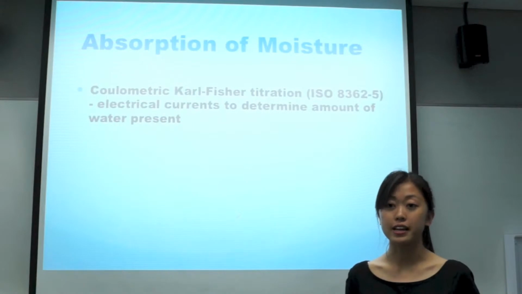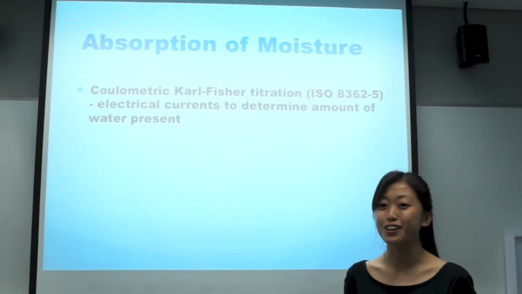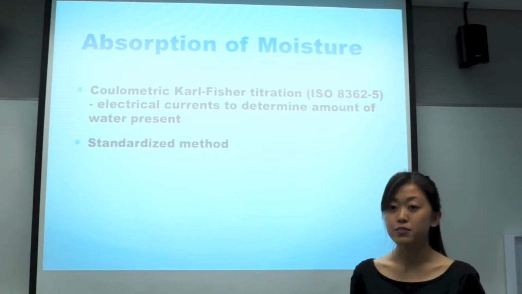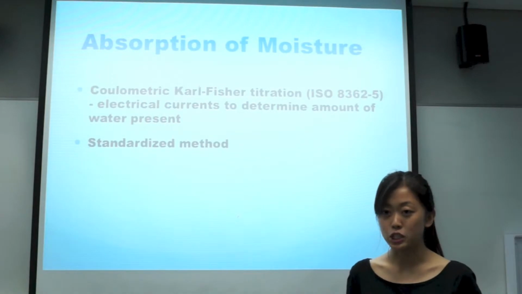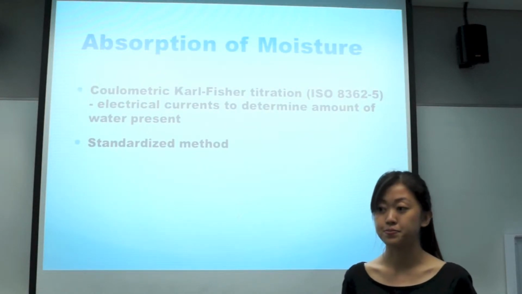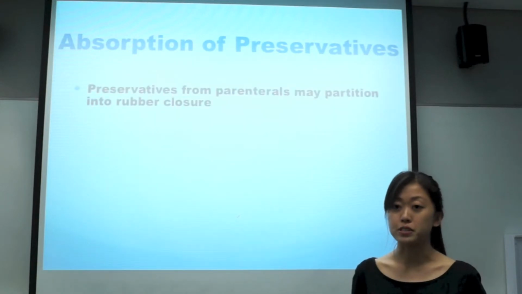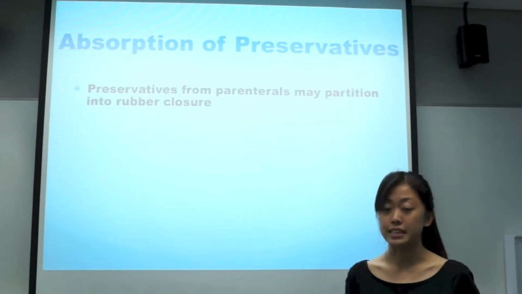The moisture content of elastomeric closures can be measured with a standardized method called the coulometric Karl Fischer titration. This method involves the use of electrical current and is mentioned in an ISO document. The ability of rubber closures to absorb preservatives should also be evaluated.